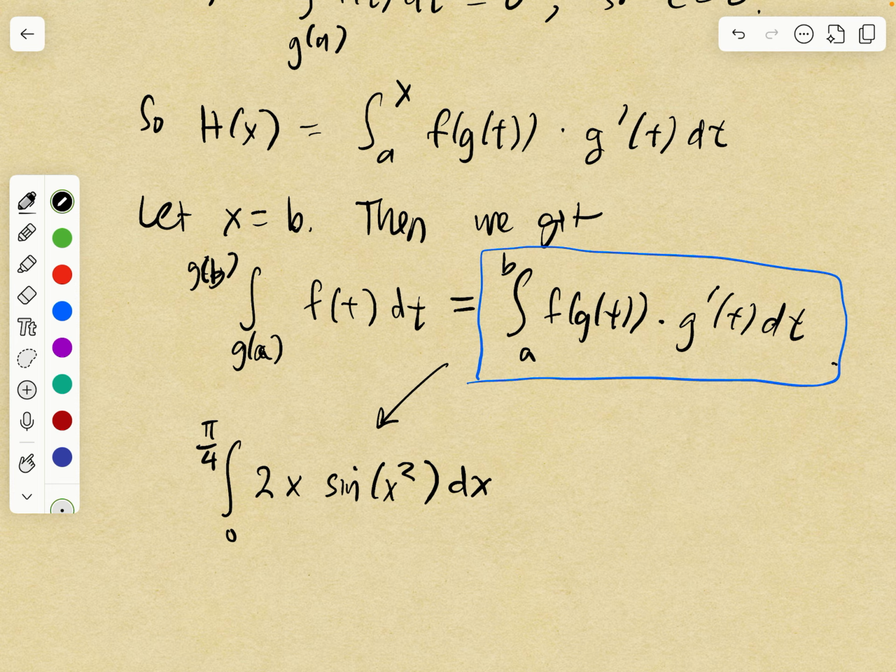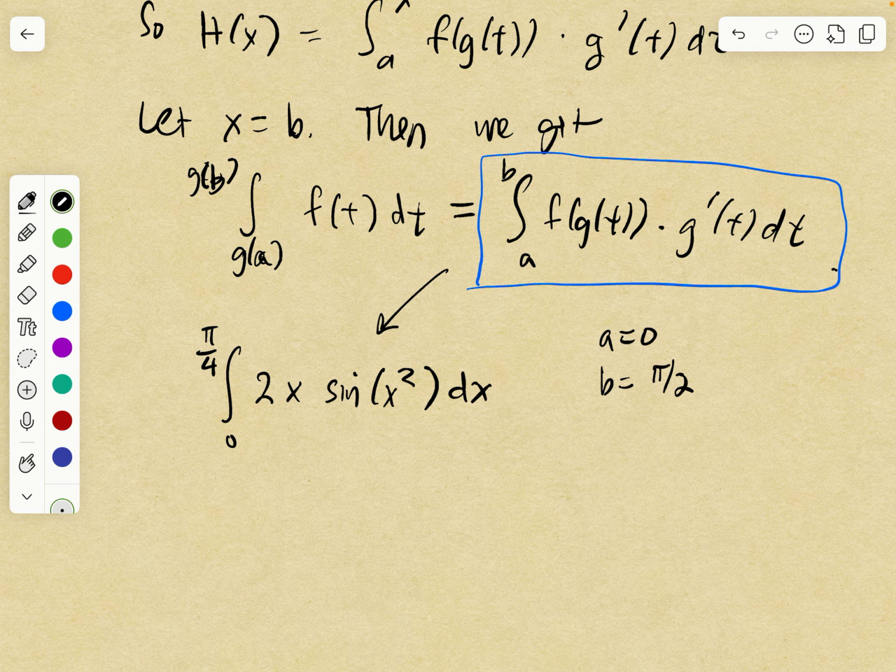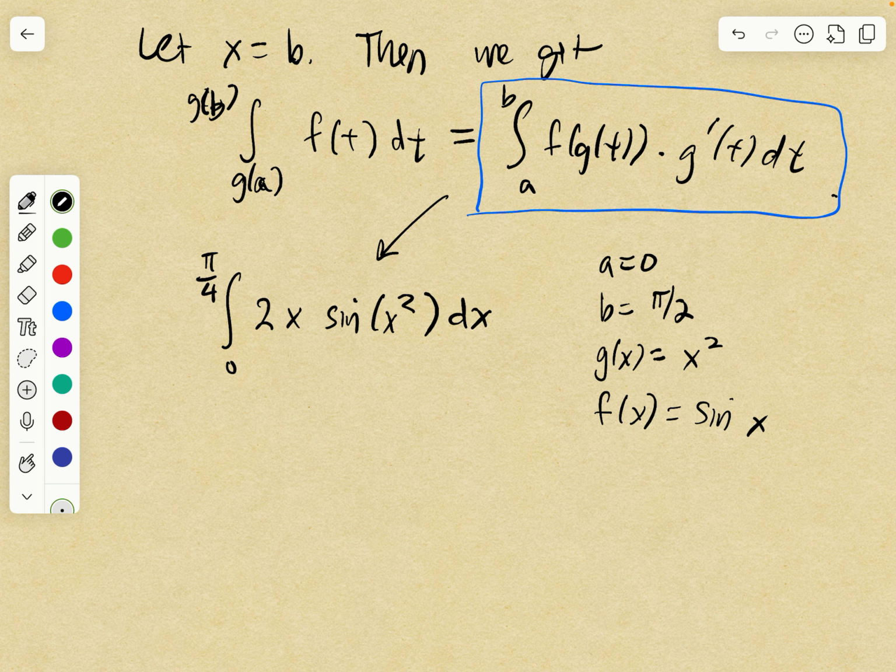This will look like the integral on the right if we let a be 0 and b be pi over 2. I use x here instead of t, but you can use g of x is x squared, and then f of x is sine x. Then this integral that we're trying to calculate exactly matches the one on the right.